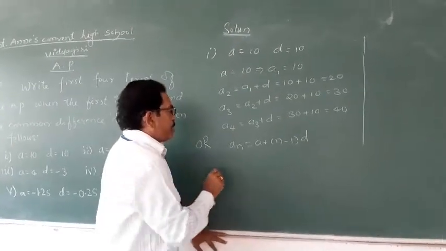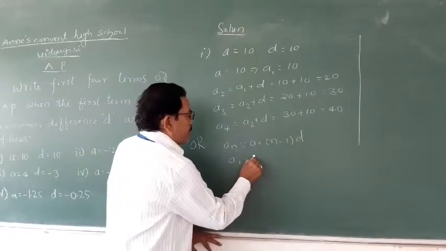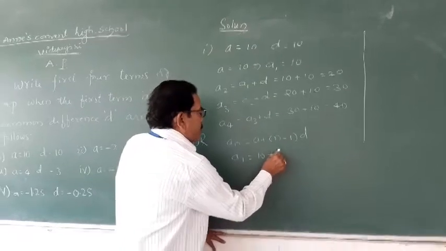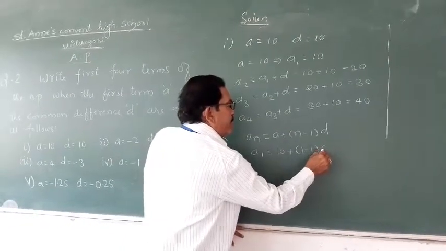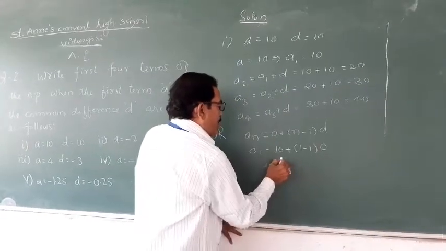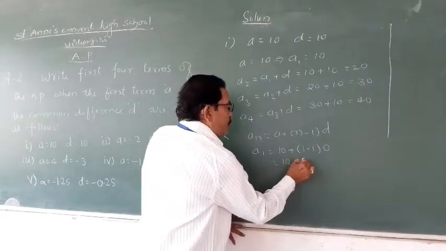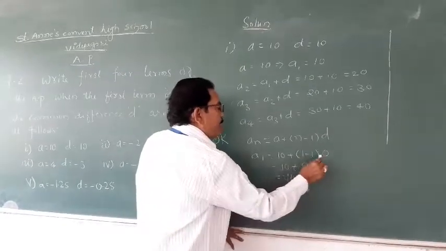We need 4 terms. First, A1, the first term, that is 10 plus (1 minus 1) into D, that is 0, 10 plus 0, that is 10, which is given.